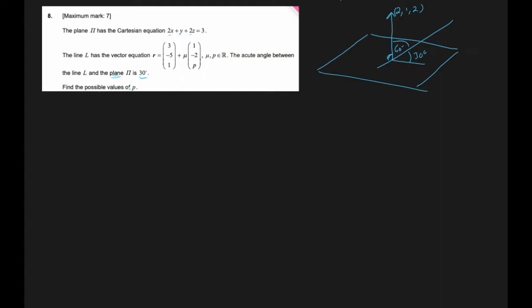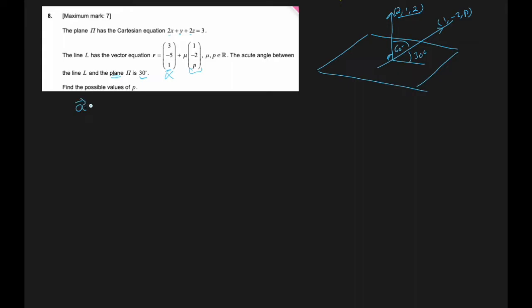Find the possible values of P. We know that the vector in this direction is this part. This is a point, so we don't look at this. This is the vector 1, minus 2, P. So there are two vectors, 2, 1, 2 and 1, minus 2, P, and the angle between them is 60 degrees. We can use the dot product or scalar product.